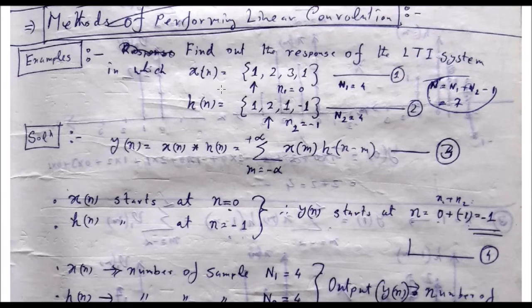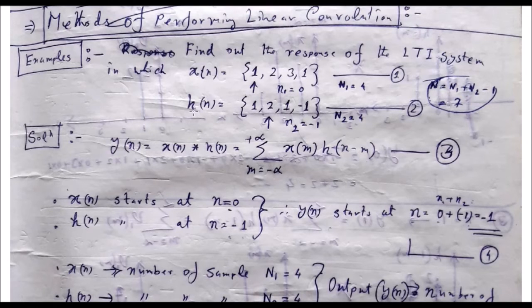First, two sequences are given for an LTI system. The input is given starting at 1 2 3 1, okay, that is the sequence. And its impulse response is a non-causal impulse response, 1 2 1 minus 1, with the position of the origin here. So the starting time index of the first signal is n1 equal to 0 and the length of the first signal is N1 equal to 4, because 4 elements are there.